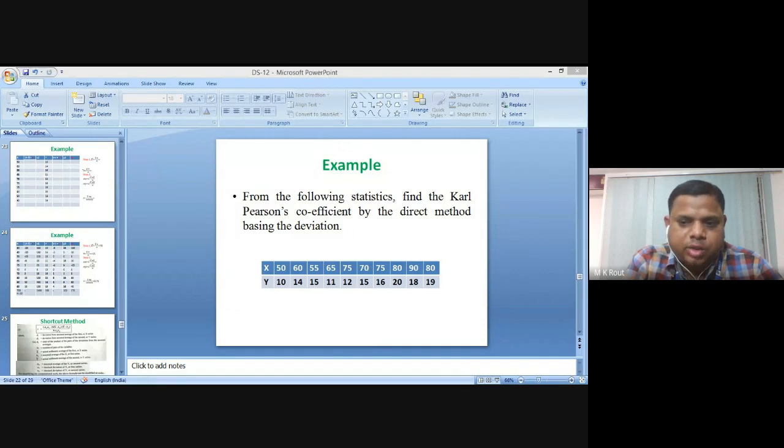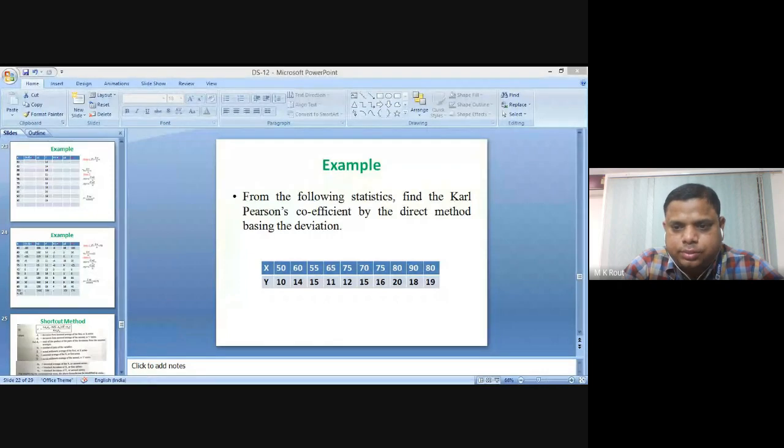Pratyas, what is the value of x bar in this particular problem? Pratyas Jena already left.